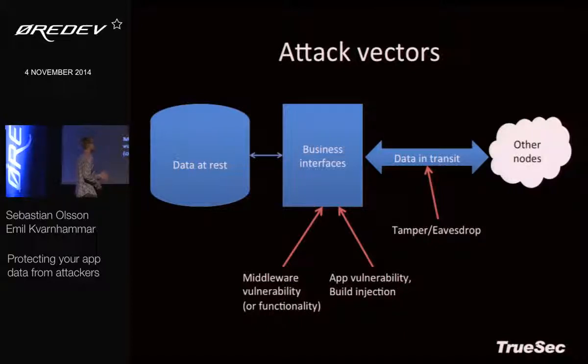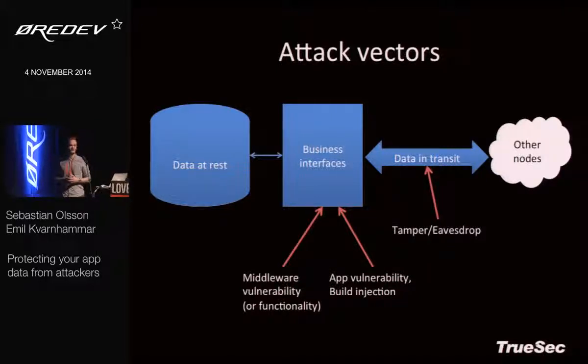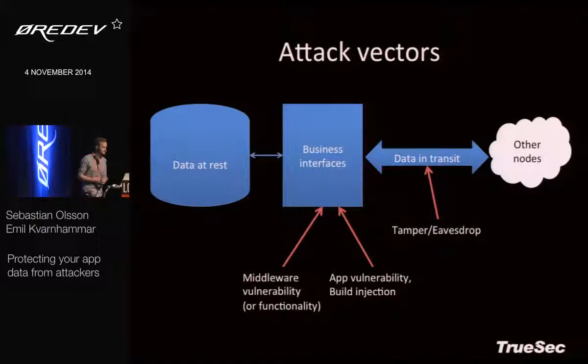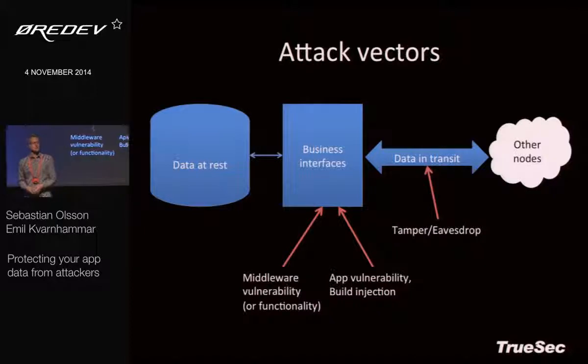And also, one problem with middleware is that they often also contain functionality. And that could be a problem for you because you don't necessarily need all that functionality, and that could turn out into a vulnerability. Yeah, and that brings us to how important it is to handle configuration of middleware. And tampering and eavesdrop of data in transit, of course, especially if the data is not secured.